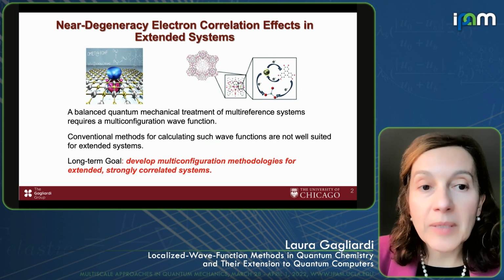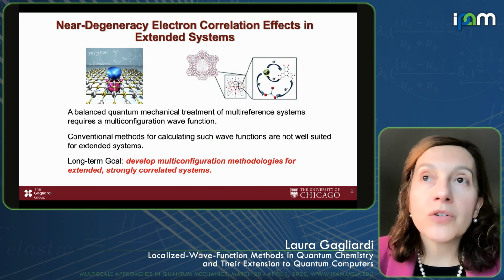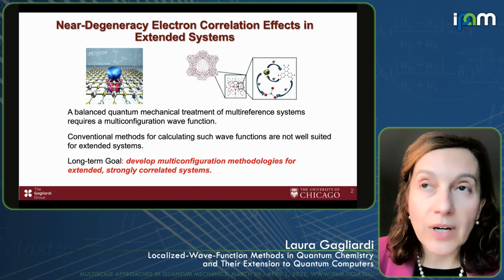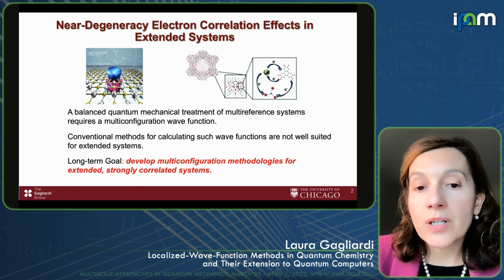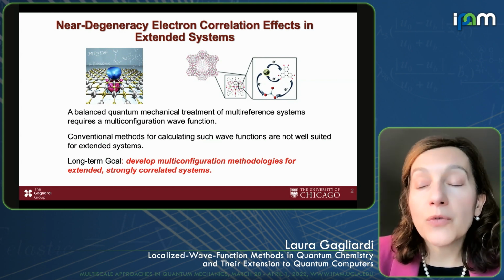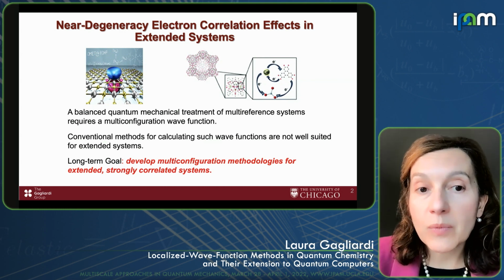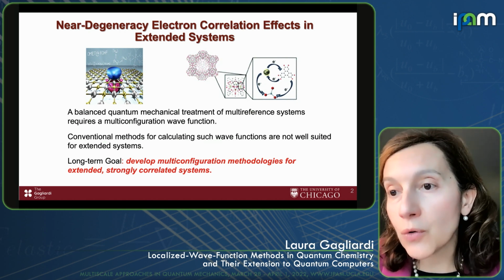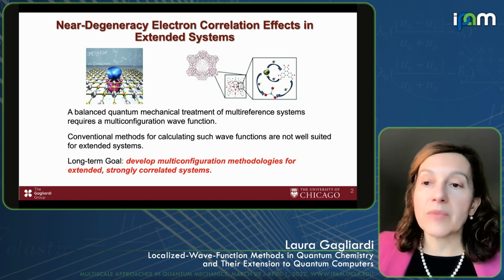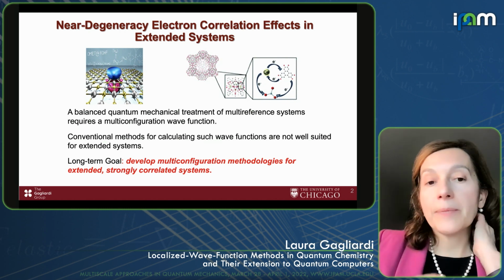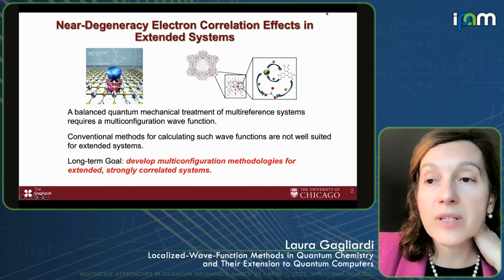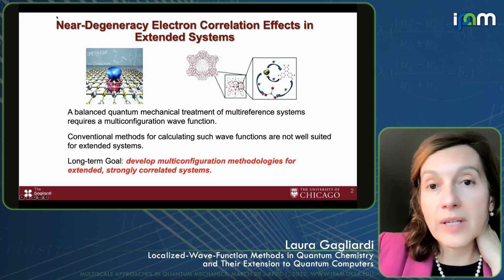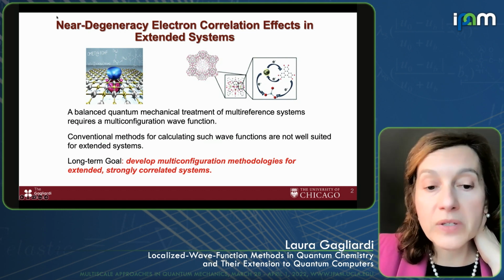So to perform electronic structure theory calculations, sometimes we have to go beyond the workhorse of electronic structure theory, which is density functional theory, and use multi-configuration wave function based methods, because these are strongly correlated or multi-reference systems. However, these methods are efficient only for small systems because they suffer from the exponential scaling of full CI.